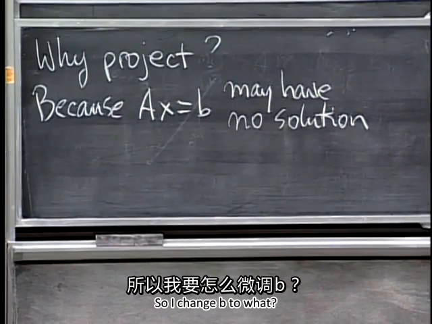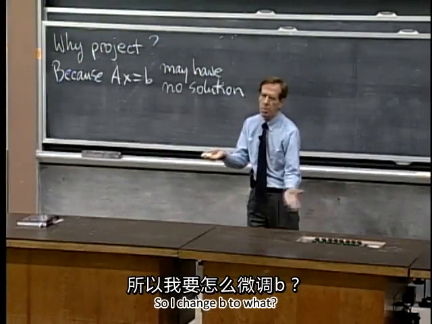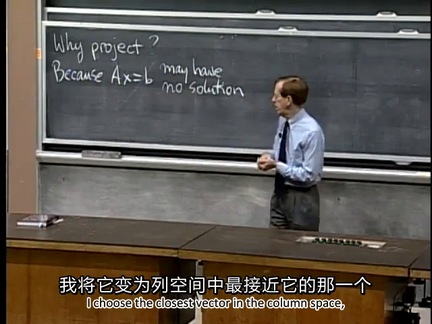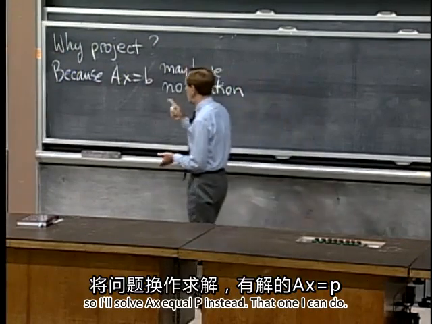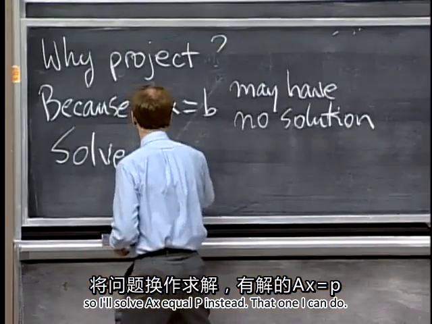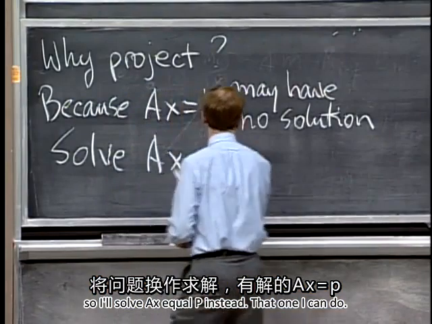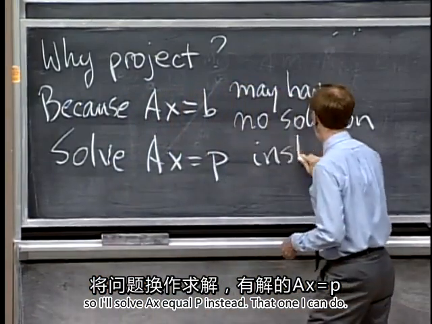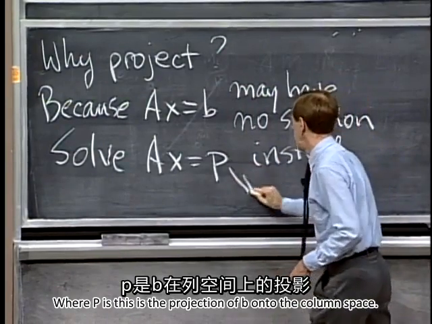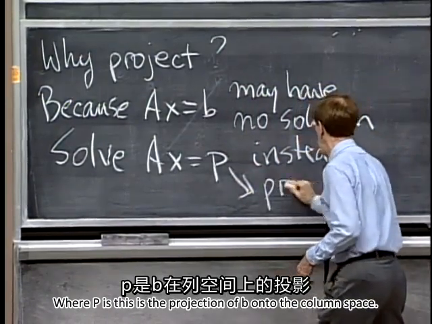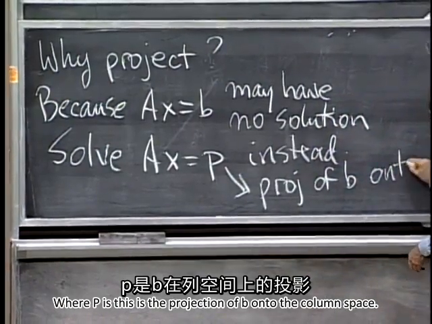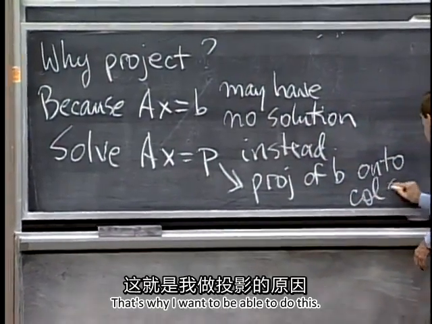So I change B to what? I choose the closest vector in the column space. So I'll solve AX equal P instead. That one I can do. Where P is the projection of B onto the column space.